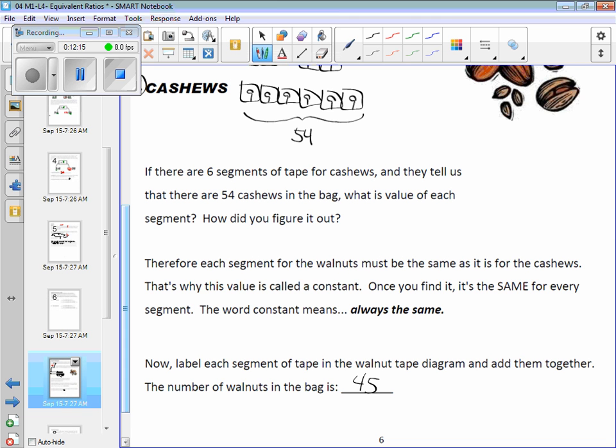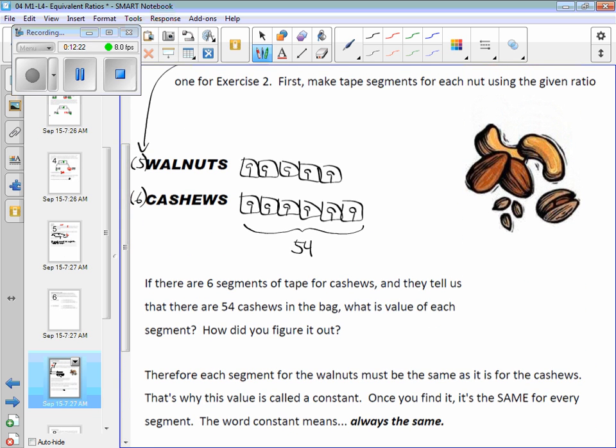And that goes at the bottom of your sheet. Think about what you just did. You've created an equivalent ratio. We had an original ratio of 5 to 6. Watch. You figured out that the constant is 9. So 5 times 9 gets you 45. 6 times 9 gets you 54.